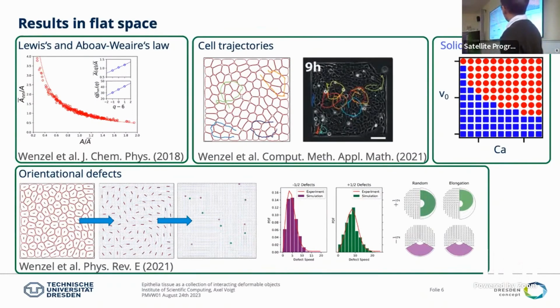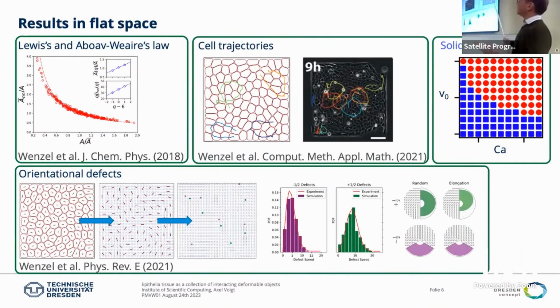And indeed, this active system can nicely be described by these laws. Other things, we can look at cells in a petri dish. What do they do? What people found is that they do some oscillations. So we can also follow trajectories of our particles, of our cells, and they also do such oscillations. So that's fine.